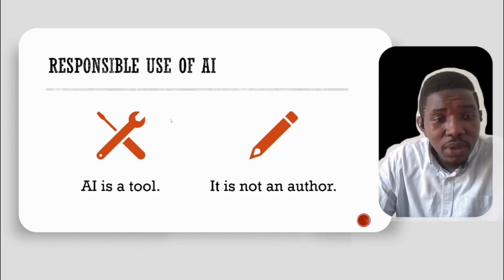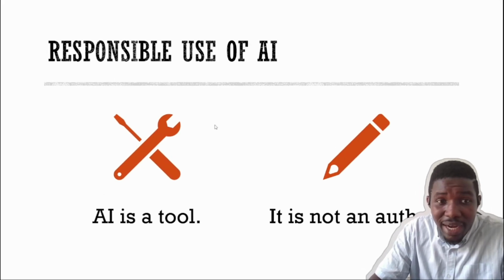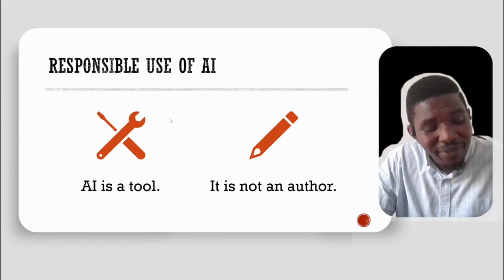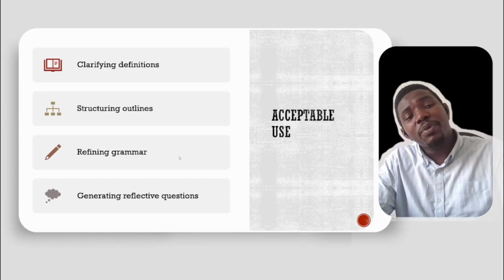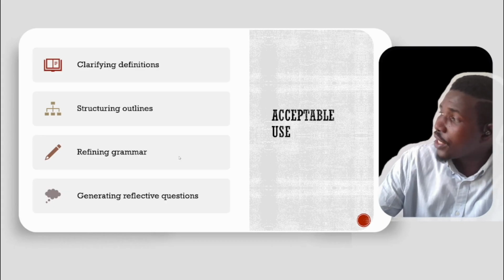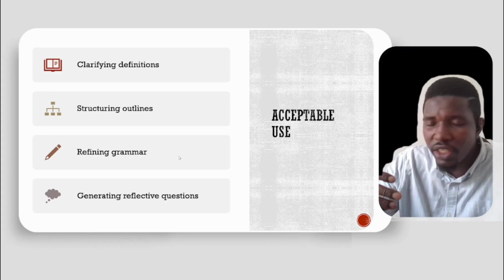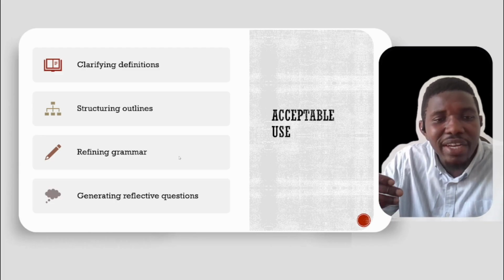Thank you for that. So we'll move on to the next thing, which is the fact that AI is not an author. So you have to think about it that way, and you're responsible for your own work. The extensive use of AI is for you. You can use it to understand what you're doing, identify definitions. You can use it to structure your outline, sort of plan yourself. You can use it to refine grammar.